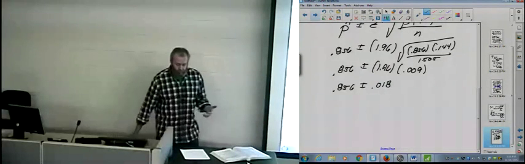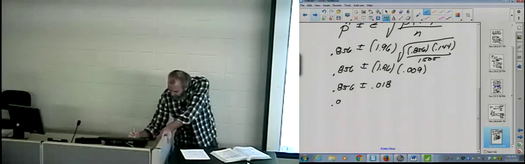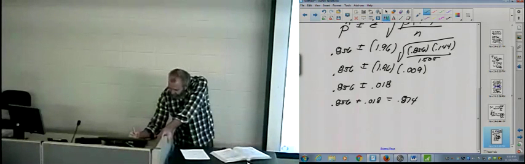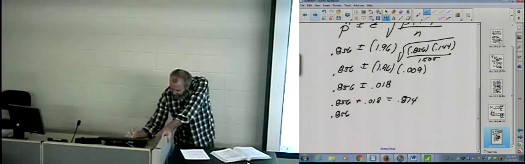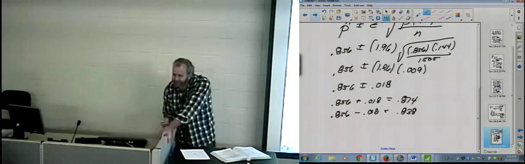So, just to continue, remember there's 2 pieces. When we add here, I got 0.874. When I subtract, 0.856 minus 0.018, I get 0.838.